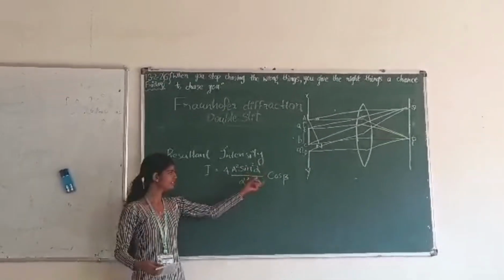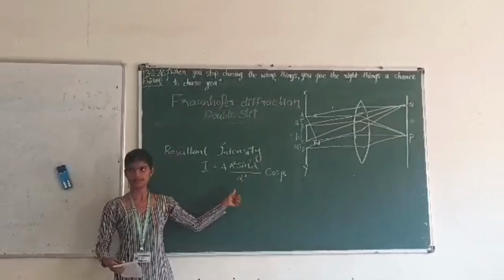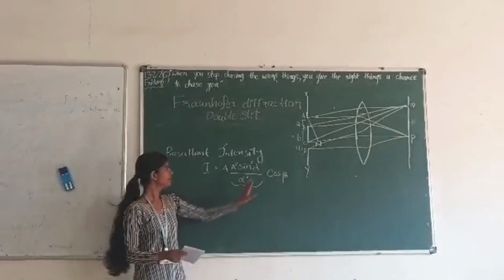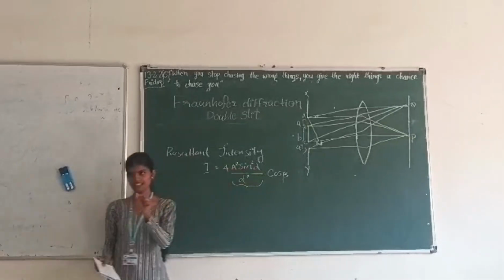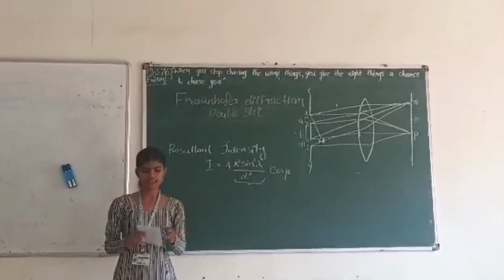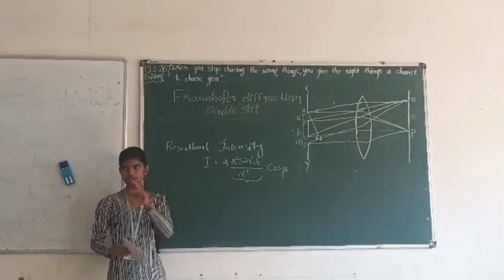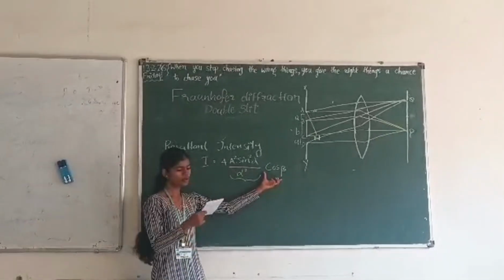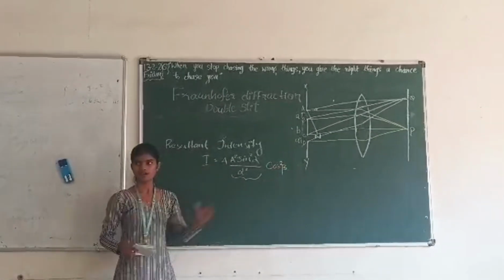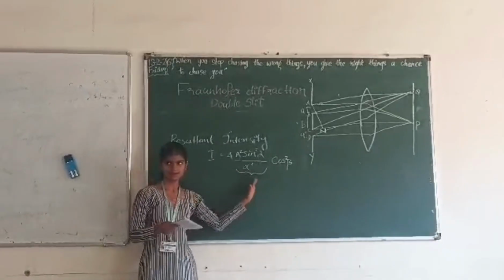You already know this term, A square sin square alpha by alpha square. This term is the intensity due to the single slit, which we already studied yesterday. Here is one more term, that is A cos square beta.